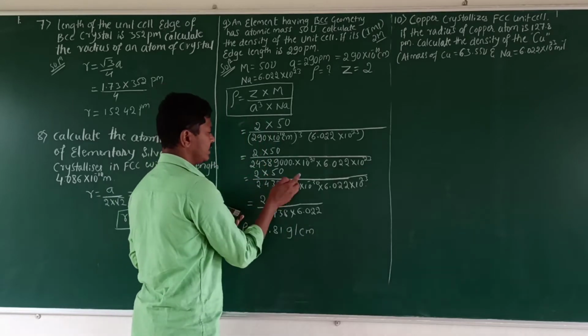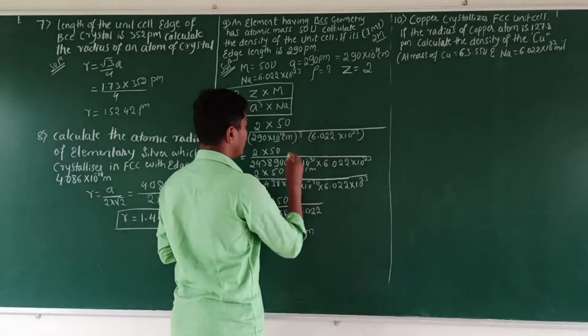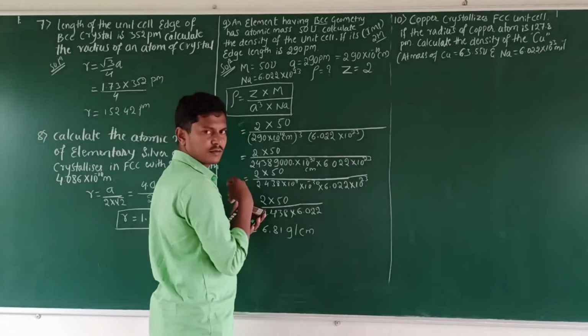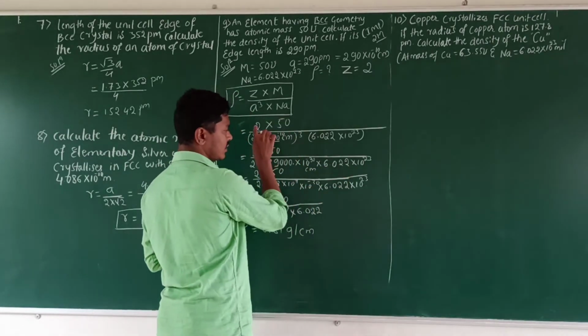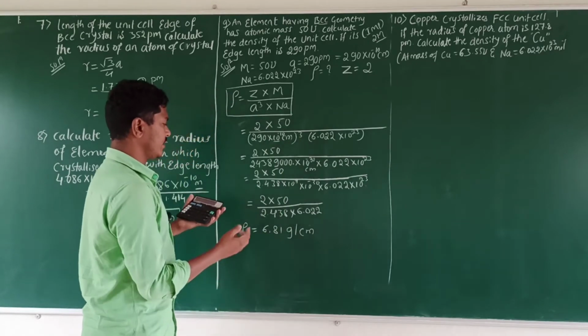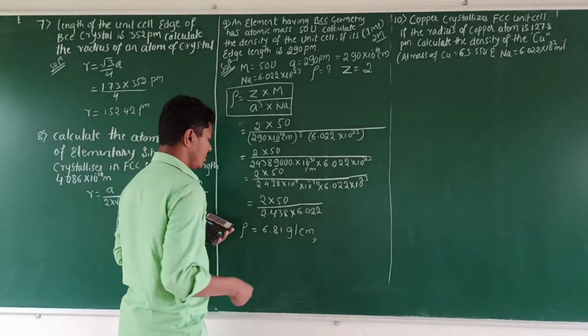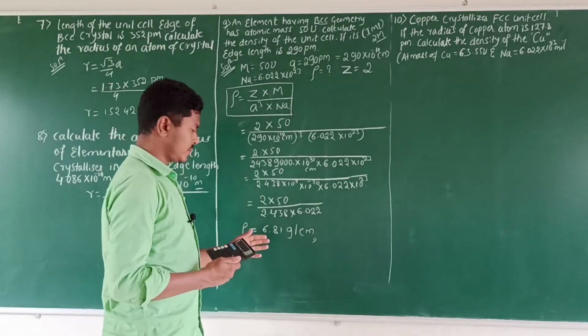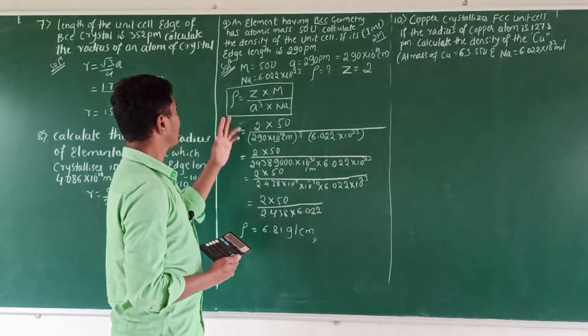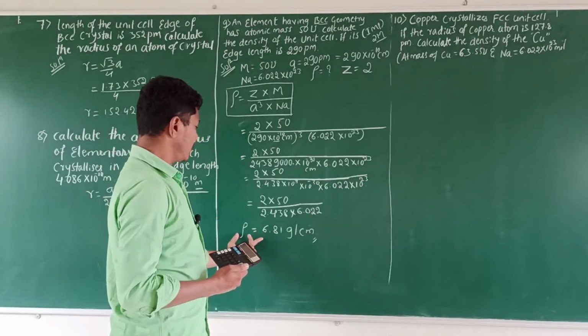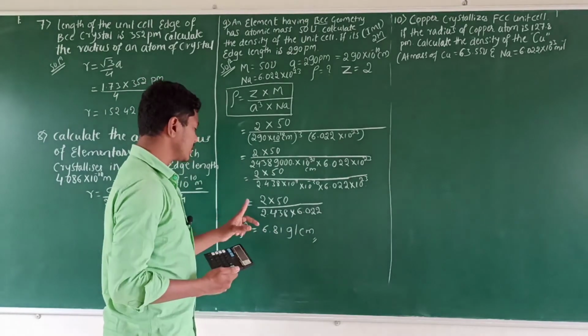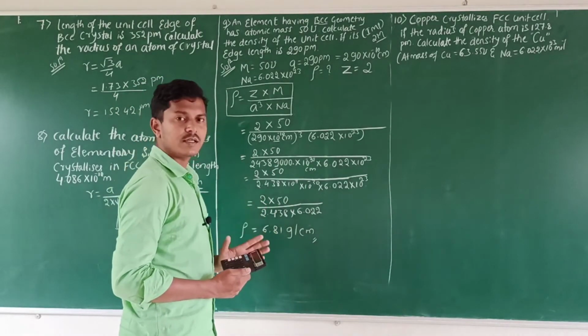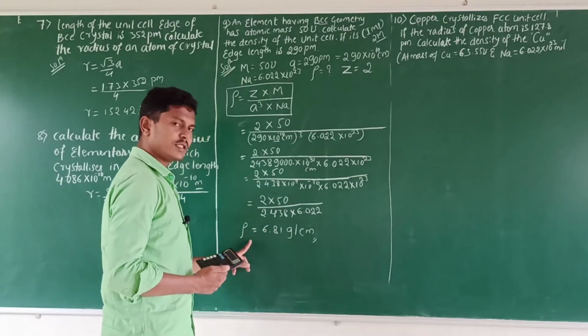Its unit is gram per centimeter. This mole get cancelled, 2 atom get cancelled. We are getting 6.81 gram per centimeter cube. This is the unit of this density. Okay, density is equal to what? 6.81 gram per centimeter cube. Okay, got this?